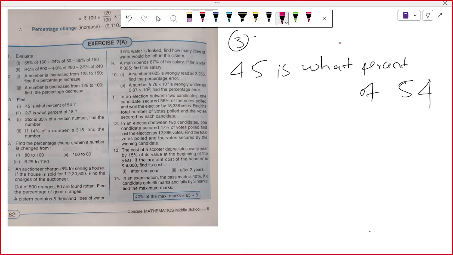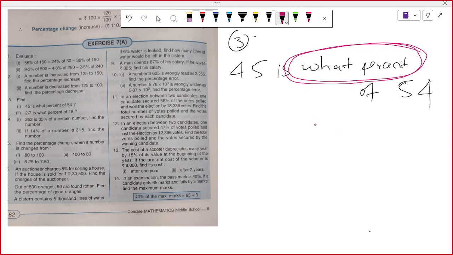Can you see the third main first question? First convert this into a fraction, students. 45 is what percent of 54? So what are we supposed to find here? Percent. The percentage.